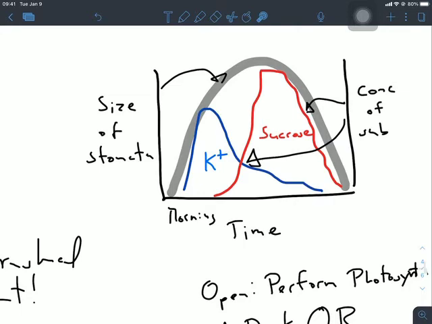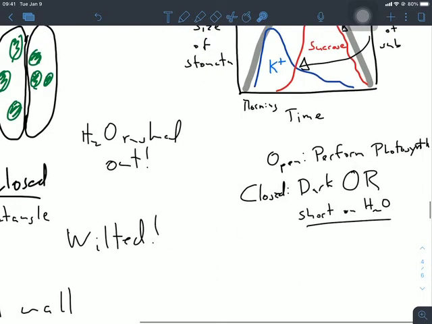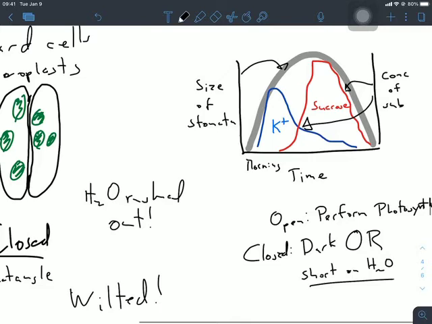It's super clever, right? At least I think so. So we have potassium opening the stomata in the morning and decreasing concentrations of sucrose closing the stomata at night.